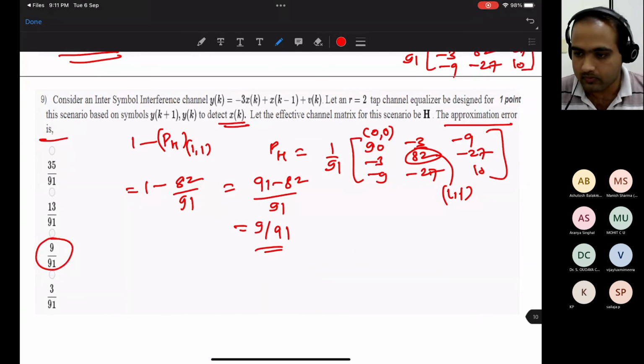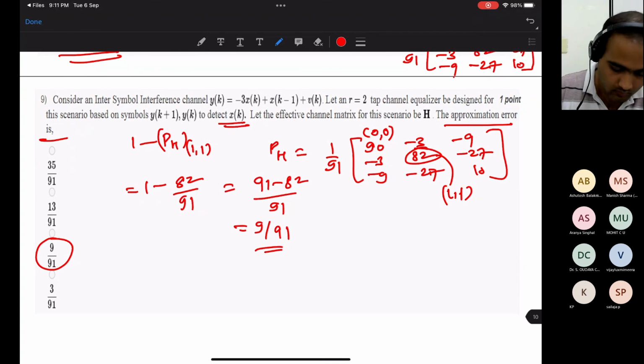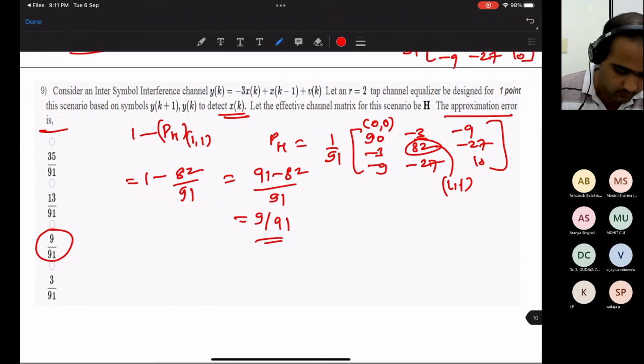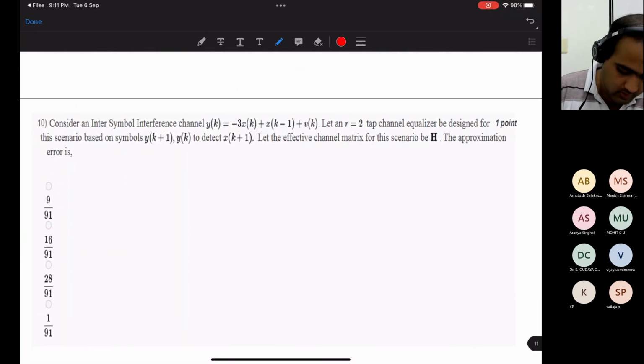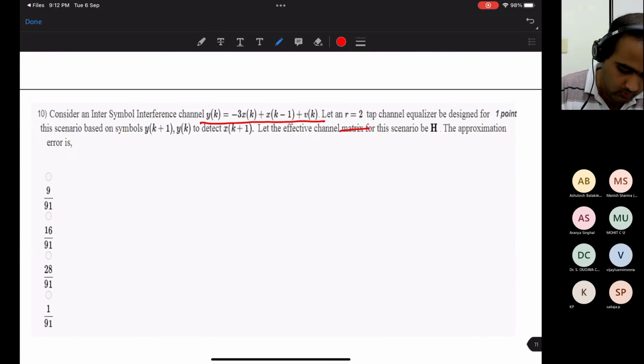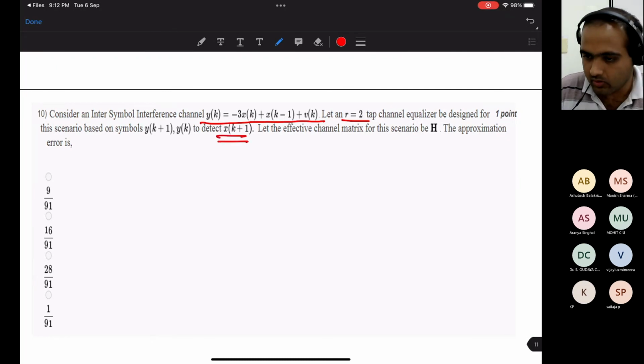Any doubts? No doubt. Okay. So the final question, we have the same signal model. R is still 2. And now we want to detect xk plus 1. Right? So far we were detecting xk.